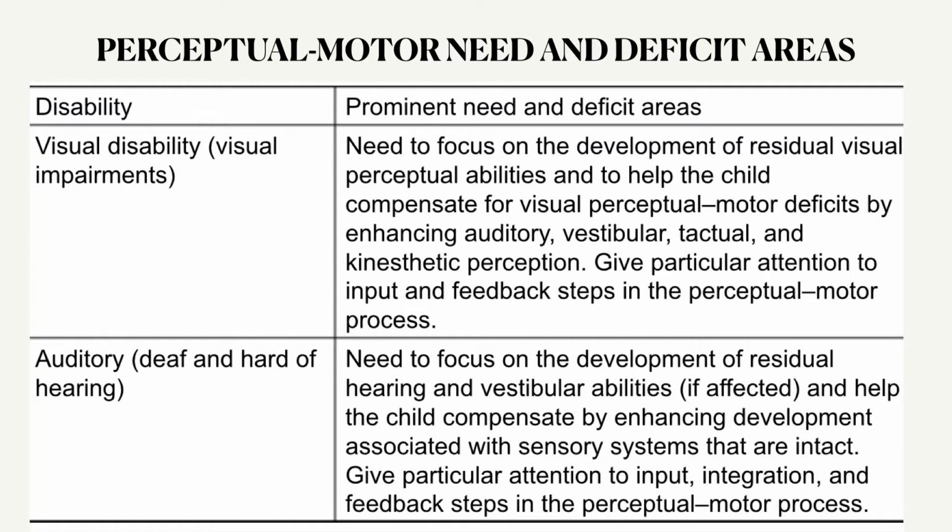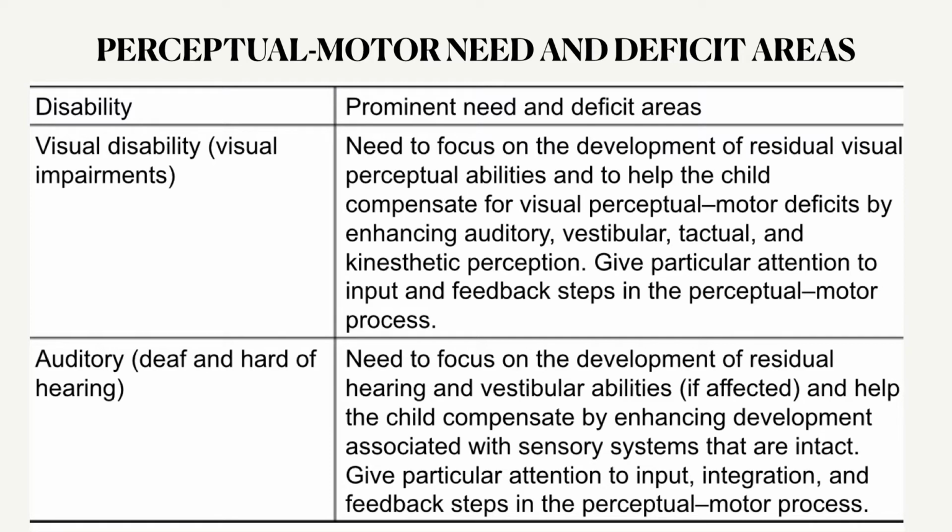Give particular attention to the input and feedback steps in the perceptual motor development process. In short, we give more verbal cues, or immediate feedback such as a beeping sound when, for example, a goal is scored.